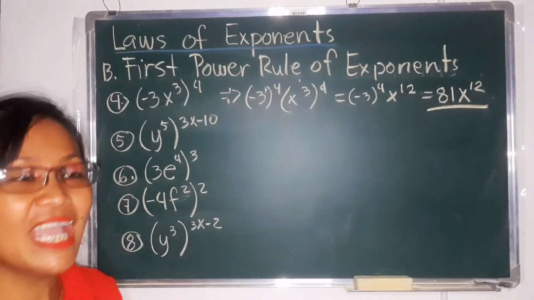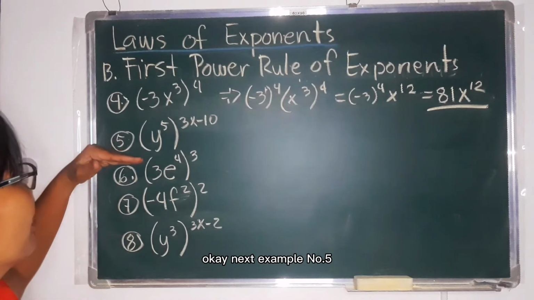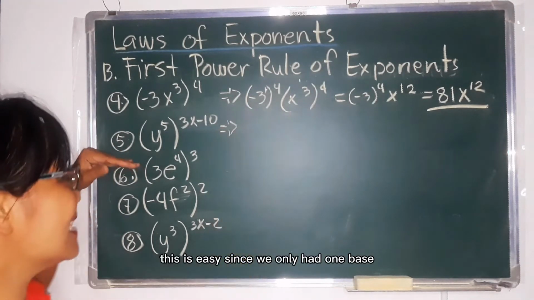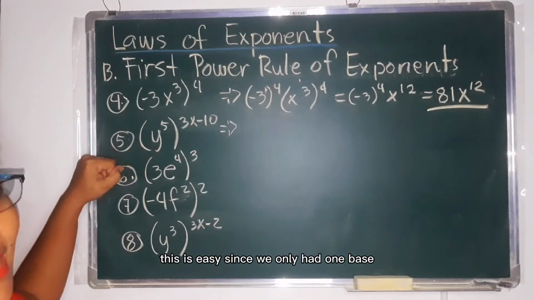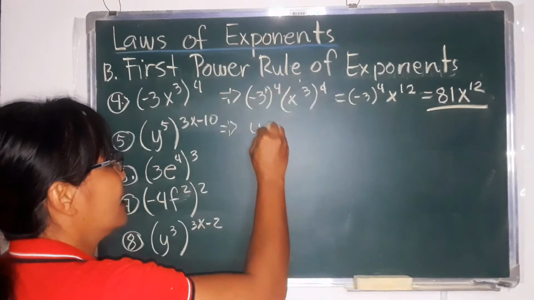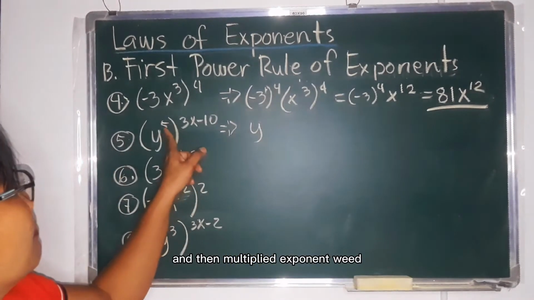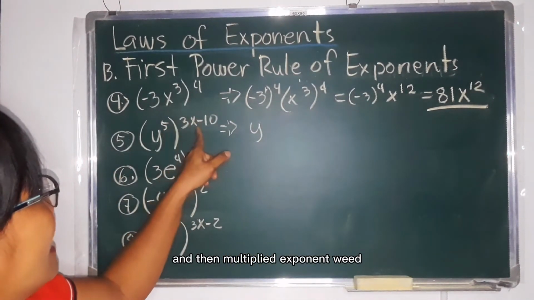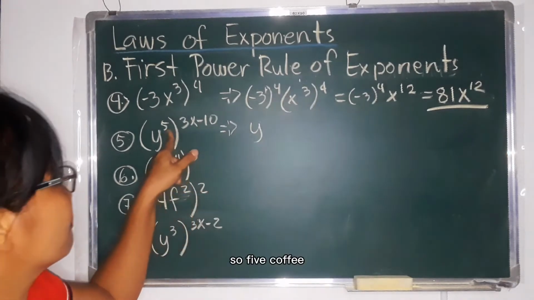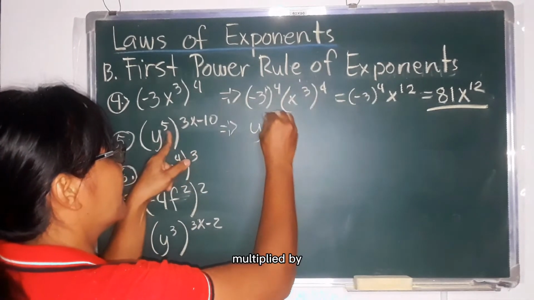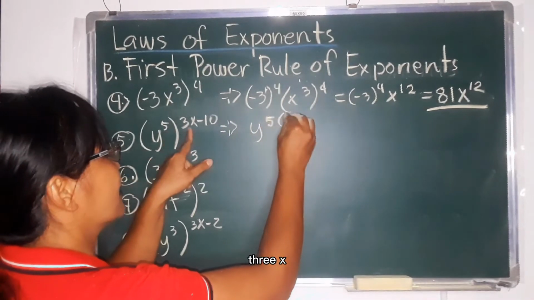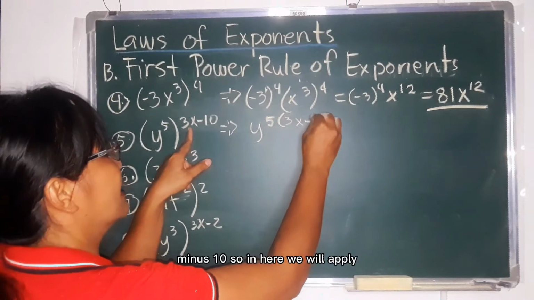Okay? Okay, next. Example number 5. This is easy since we only have one base. Since our base is y, you just copy y. And then, multiply the exponent with the exponent outside the parentheses. So, 5 multiplied by 3x minus 10.